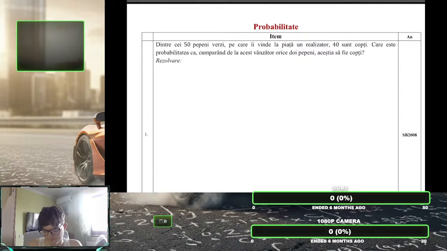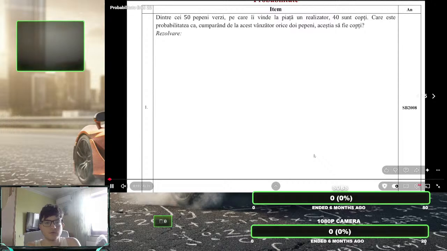Okay, so how to do this? Basically calculate the same stuff: total number of terms, favorable terms. So with total 50, you take 2. So that's C(50,2), right? That's the n. As far as I know.